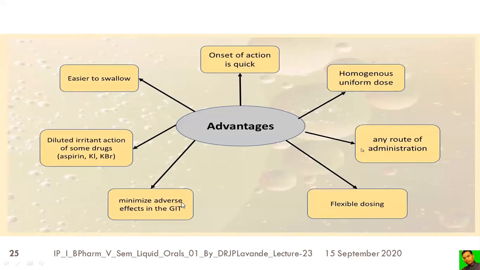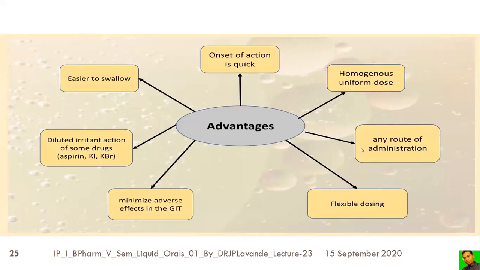They will reduce the irritant effect in the GI tract, because solid dosage forms contain additional additives, and these may be responsible for producing effects in the GI tract. But as solutions are homogeneous liquids, they do not show any kind of adverse effect in the gastrointestinal tract.